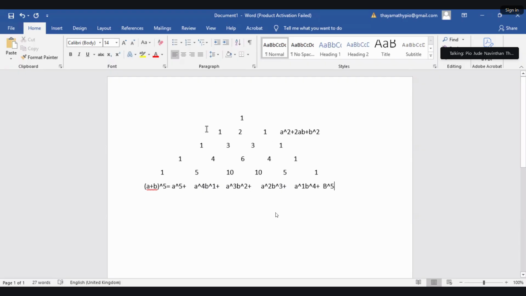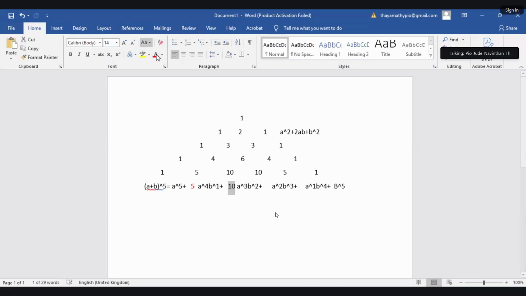So we know this is the second row, 2, 3, 4. The person asked for 5 now. Second one here, 5. Third coefficient will be 10.